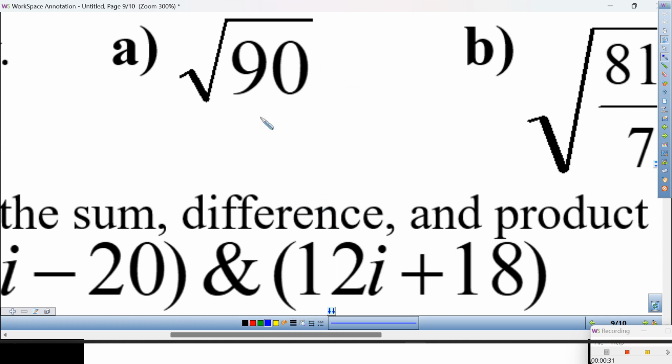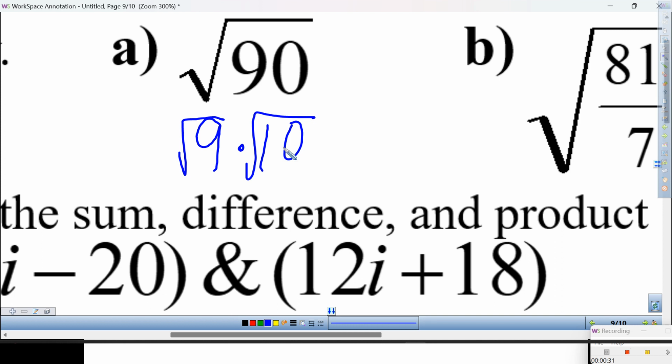Martin, what two numbers? Yeah, 9 times 10. Martin in the house. Therefore, square root of 9, square root of 10. What is square root of 9, everyone? 3. And we're left with square root of 10. This is how I want it written.